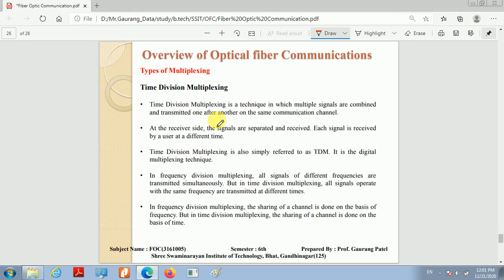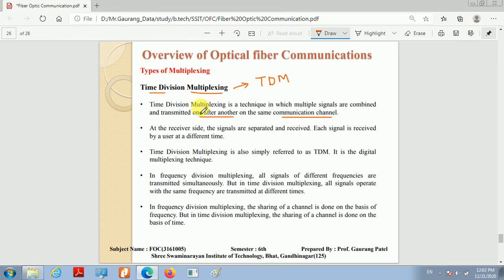Now the third type of multiplexing is known as time division multiplexing. This time division multiplexing is a digital multiplexing technique, which is abbreviated as TDM. In this technique, the multiple signals are combined and transmitted one after another, very important to note, on the same communication channel.